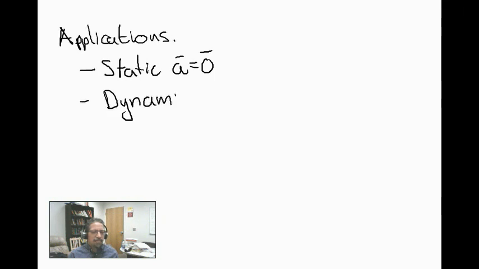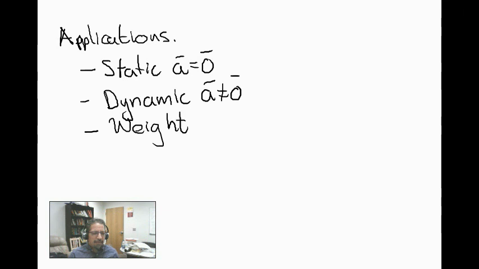In the sections we covered in chapter 5, we had static problems, where the acceleration is 0, and dynamic problems, where it's not. Then we also reviewed in more detail these ideas that I already mentioned about weight and apparent weight, and a little bit more about inclined planes and normal forces. So these are the main applications.